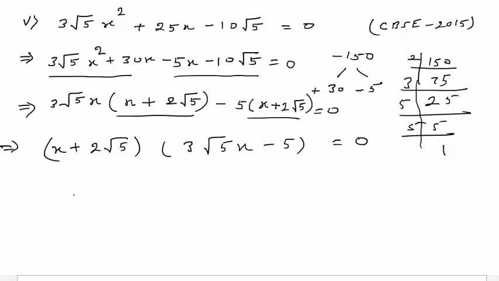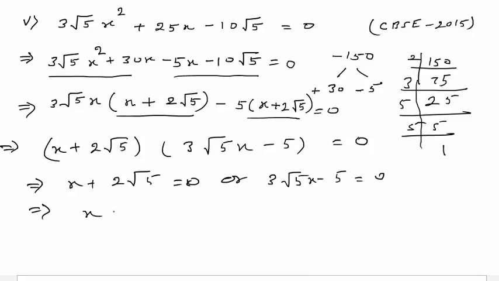So again, I will say that either this term x plus 2 root 5 is 0, or I will say that 3 root 5 times x minus 5 equal to 0. So this will give me the answer as x is minus 2 root 5 or I have 3 root 5 times x is equal to 5.